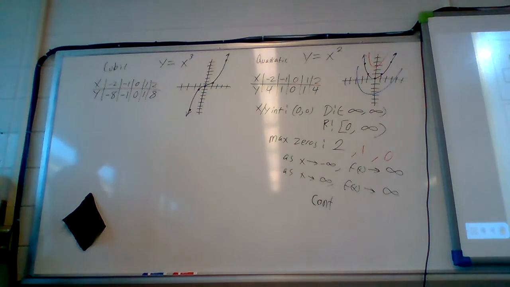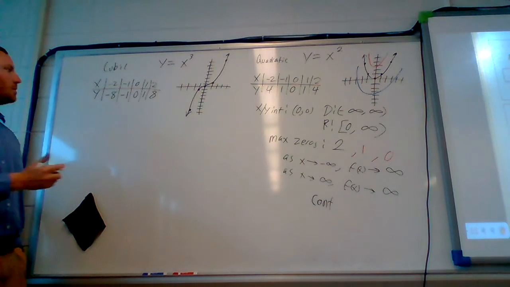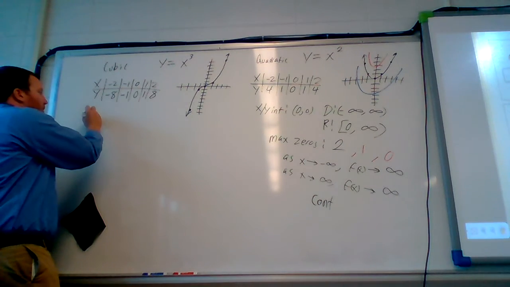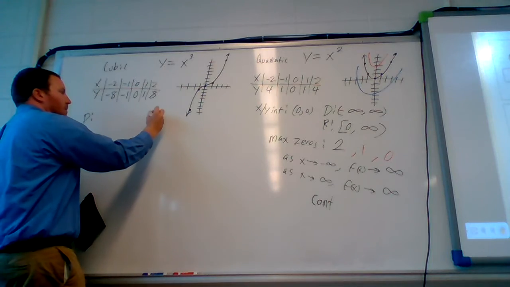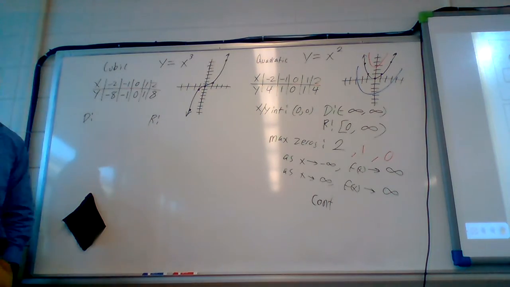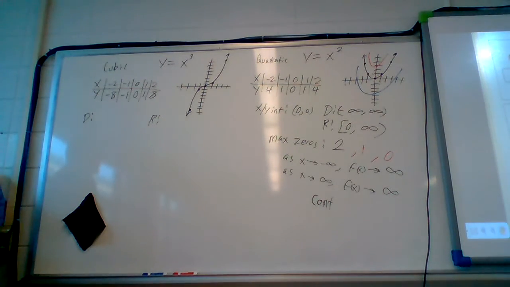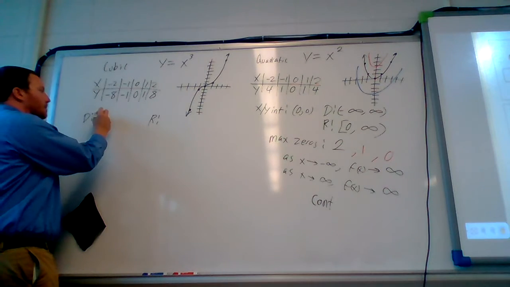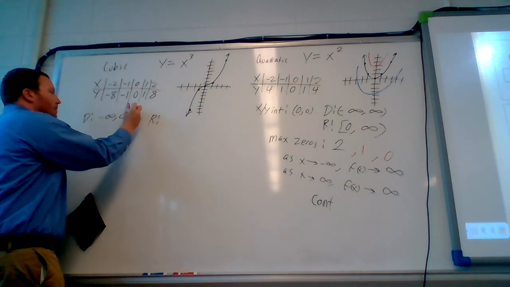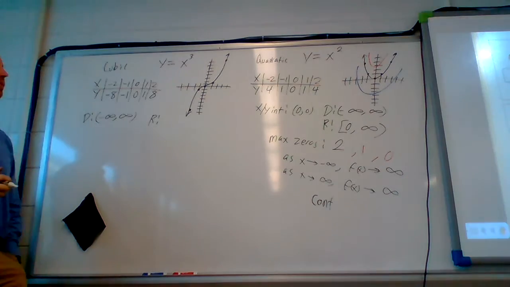What is our domain going to be on this? How far to the left can we go? Negative infinity. We can go all the way to the right, so positive infinity. What about our range? How far down do we go?